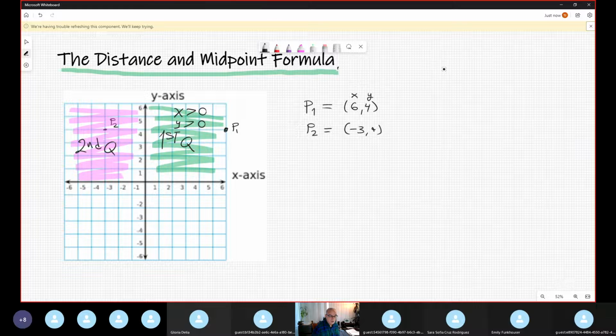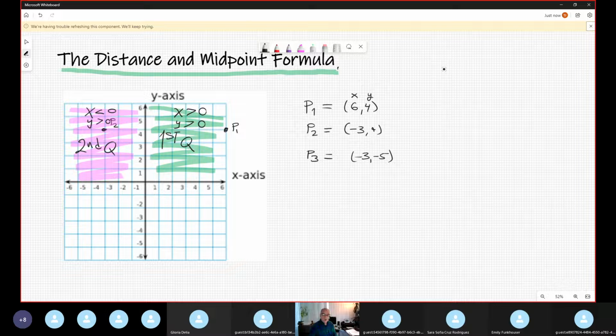Now, when the x is negative and y is positive, that is the perfect identification that the point P2 belongs to the second quadrant. Suppose another example, P3. P3 is, suppose, negative 3 again, but negative 5.